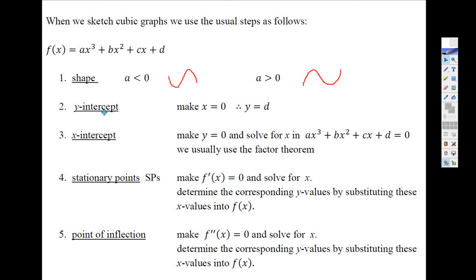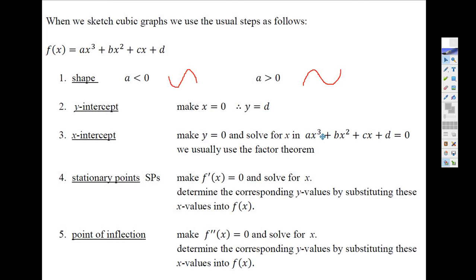And to find a y-intercept, like all functions, you let x equal 0, and so y equals d is the y-intercept. But to find the x-intercept, you let y equal 0, and you have this cubic equation, and you have to solve for it. And there's this process called using the factor theorem.